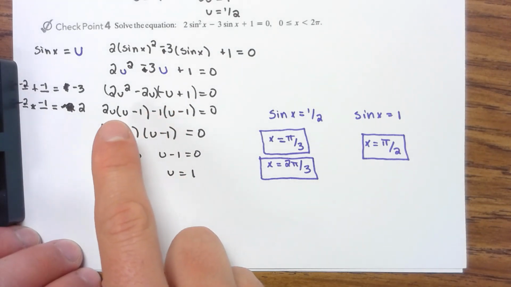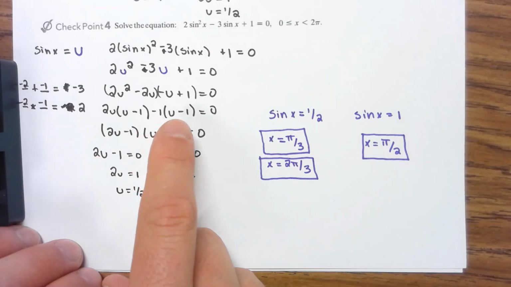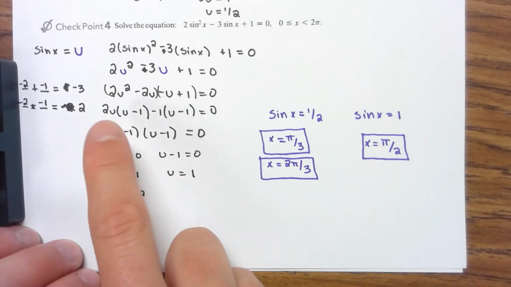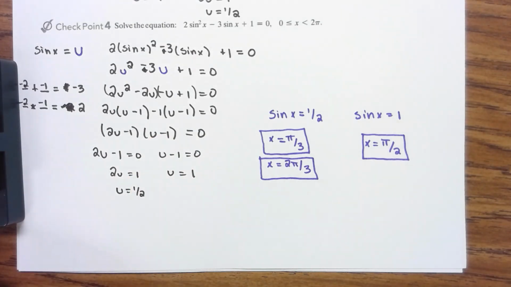Okay, we'll keep going. So then I factor out a 2u, and I get the u minus 1. Then I take out a negative 1, making that u minus 1. I think everything's good there. So then 2u minus 1, u minus 1. I get u to be 1/2 and u to be 1. So then sine of x equals 1/2, sine of x equals 1. I'm not seeing it.